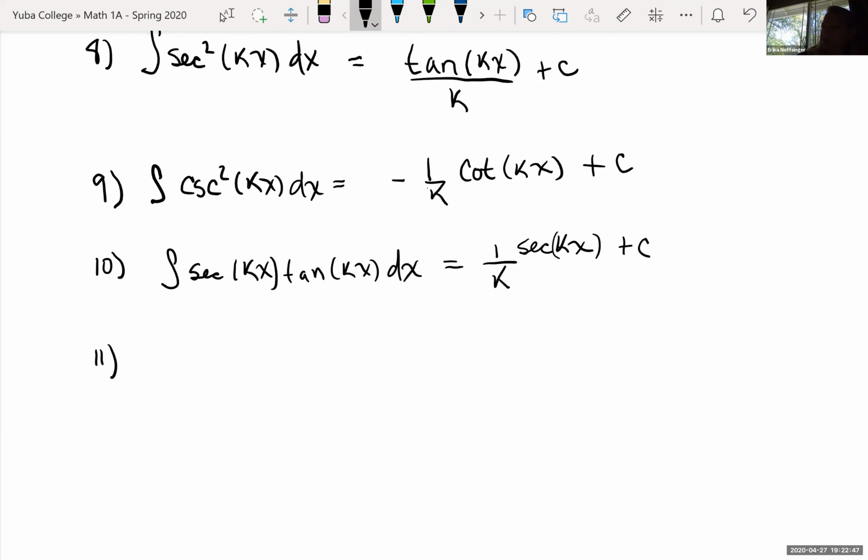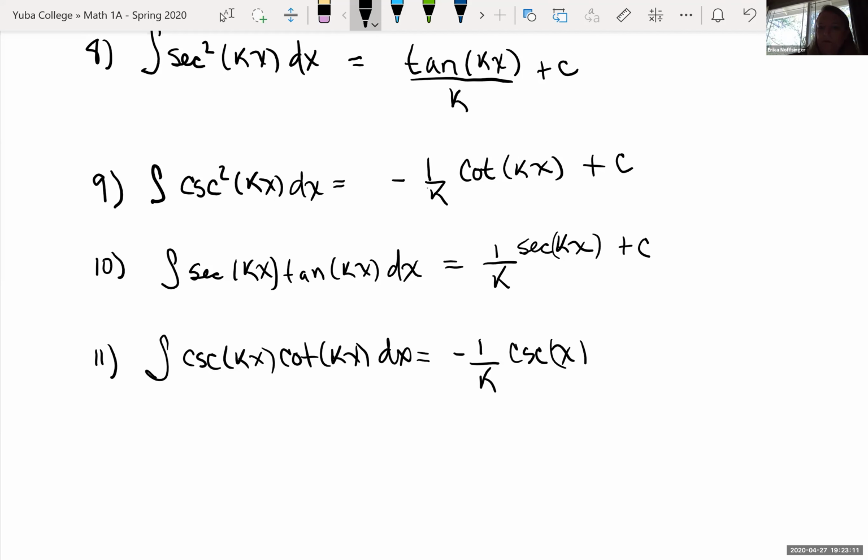If it was cosecant cotangent, so the antiderivative of cosecant kx cotangent kx dx, this is equal to negative 1 over k cosecant kx plus c.